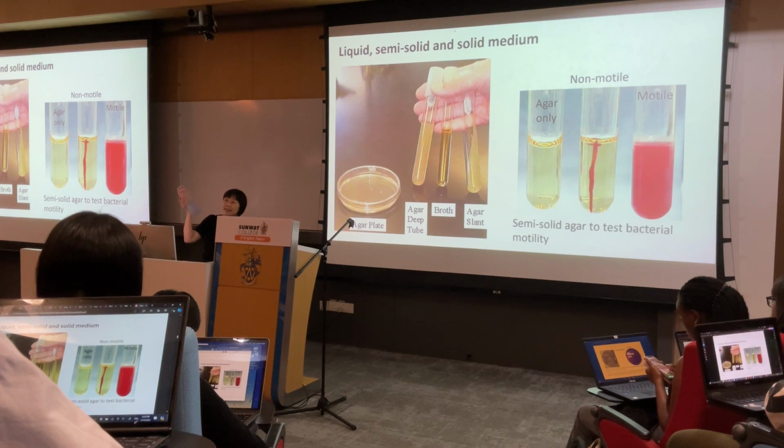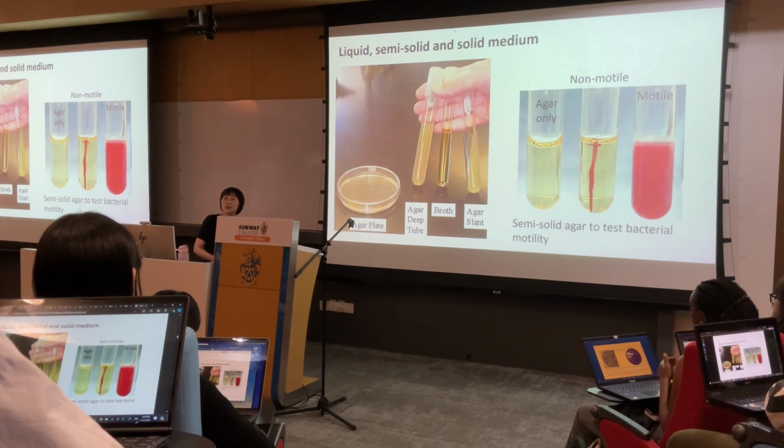I need 10 liter of that bacteria in order to get what I want out of it. So what is the best way of culturing such a large amount? Agar, solid, this is an agar deep tube, broth, or slant, agar slant, but they have different purposes. Whether it should be the broth or agar that you use to culture a large amount of bacteria, which is better?